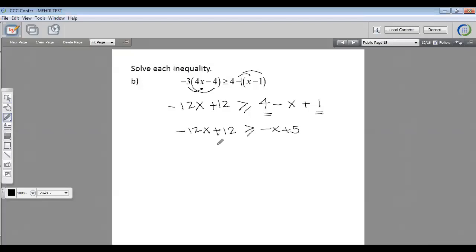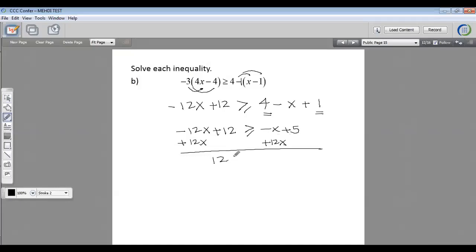All right, so now I need to subtract. Well, let's see. We want to move the smaller x where the larger x is located. That way we don't have to get the negative coefficient. We can do it either way. If I add 12x to both sides of the equation, then I won't have to worry about the negative coefficient here. So let's add 12x to both sides of the equation.